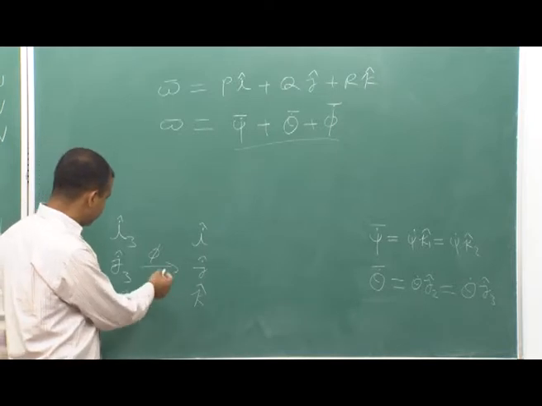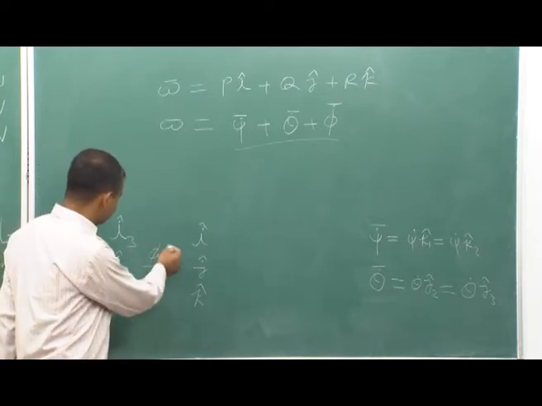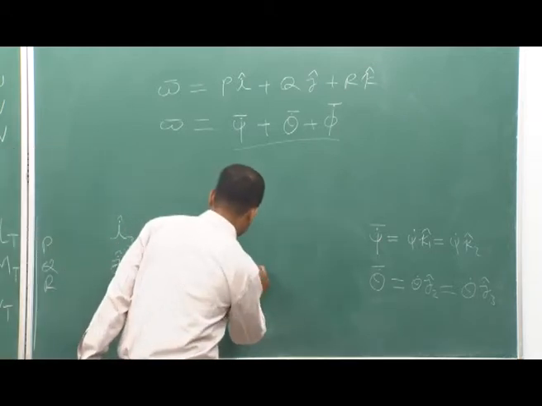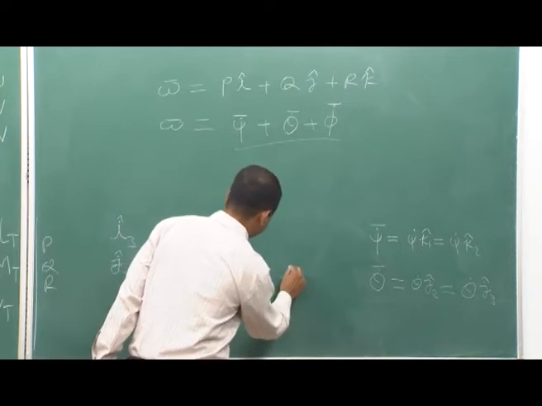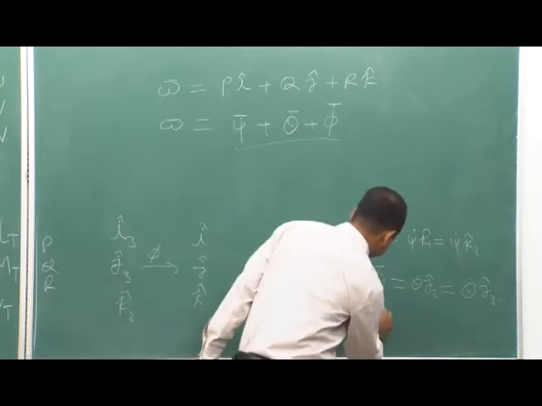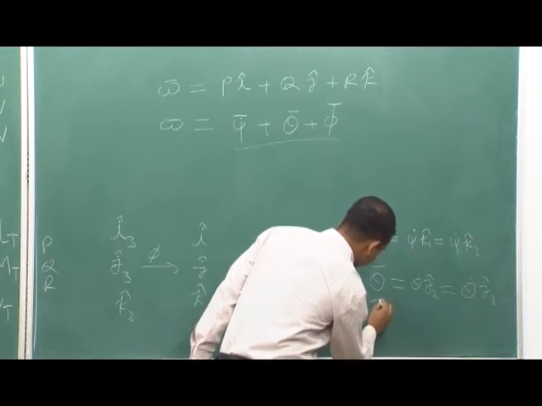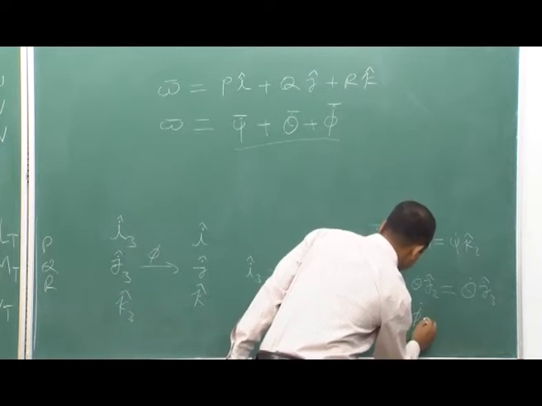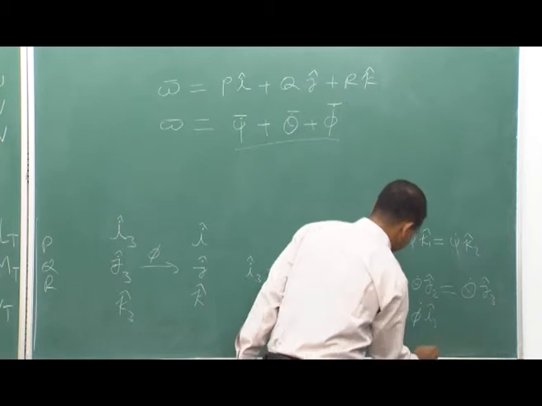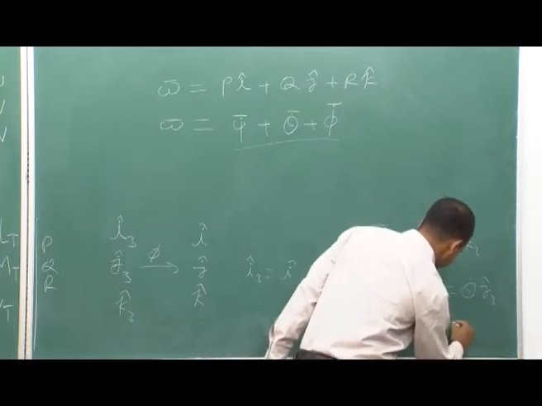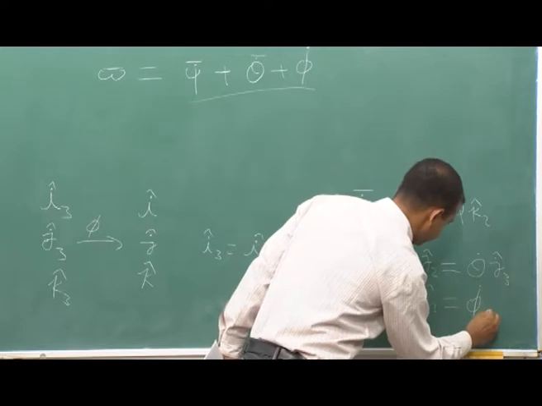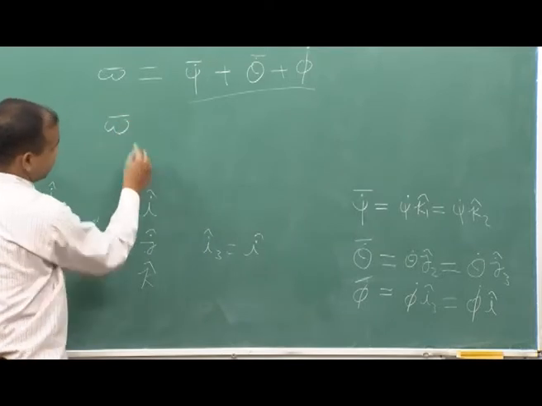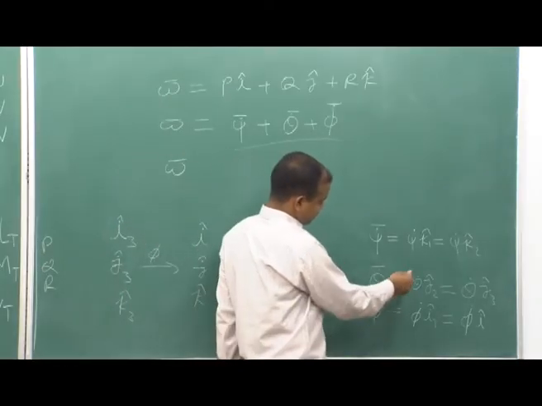This rotation we are performing about this x3 axis or I3. So I3 will be I, and we can write this phi dot vector is equal to phi dot I3, and this is equal to phi dot I, and we can write the omega using these equations.